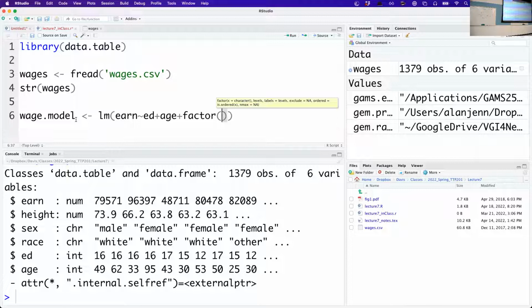And you'll notice one extra thing that I'm doing here, which is that the gender variable I'm including as a factor. So if you recall, the factor is this weird thing, right, that makes categorical variables into this specific data type that has these levels.